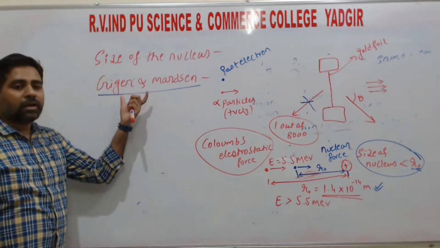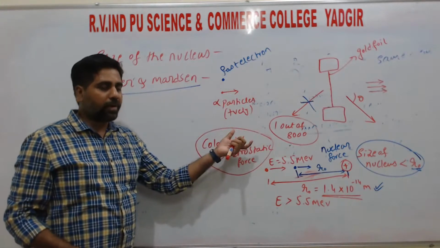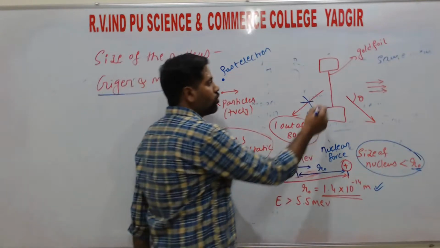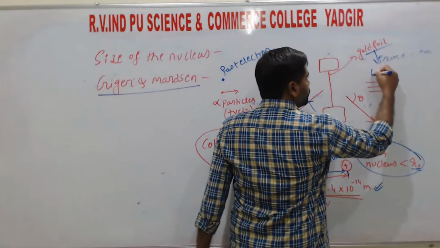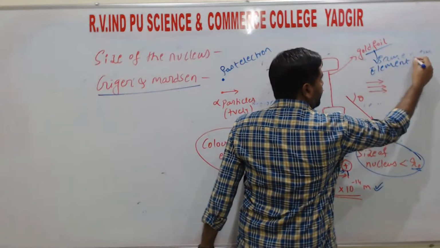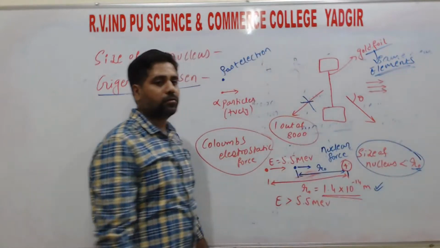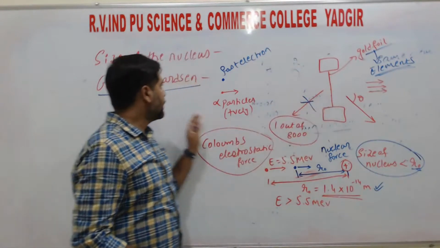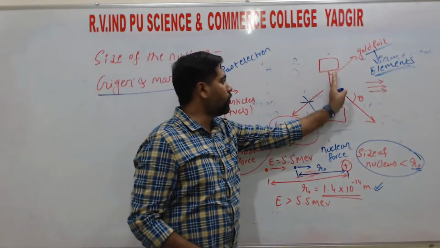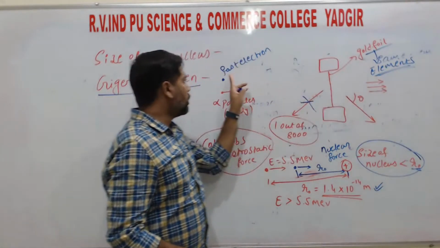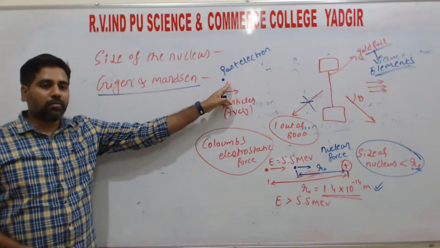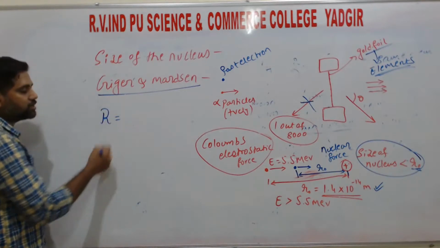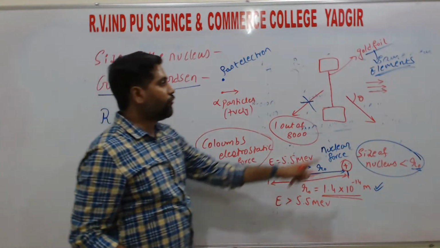Now Geiger and Marsden repeated the same experiment, replacing the alpha particle with fast electrons and the gold foil with different types of elements. Rutherford only considered the gold foil. Then Geiger and Marsden replaced this gold foil with different elements and bombarded them with fast electrons. Right? So from this he found the radius of the nuclei of different elements.